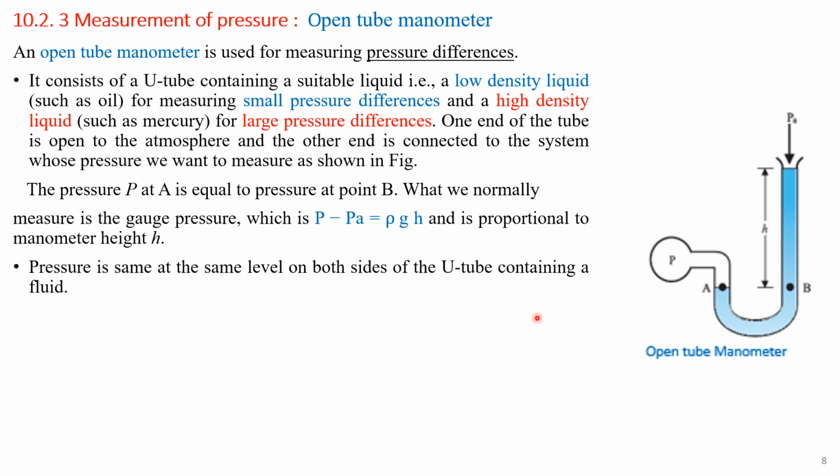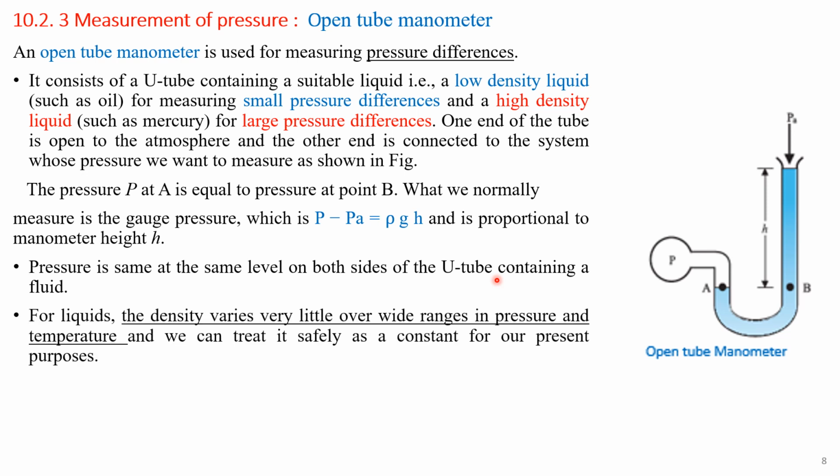The pressure is the same at the same level on both sides of the U-tube containing a fluid. For liquids, the density varies very little over wide ranges in pressure and temperature. We can treat it safely as a constant for our present purposes. That is, the density is treated as constant in the case of all liquids.